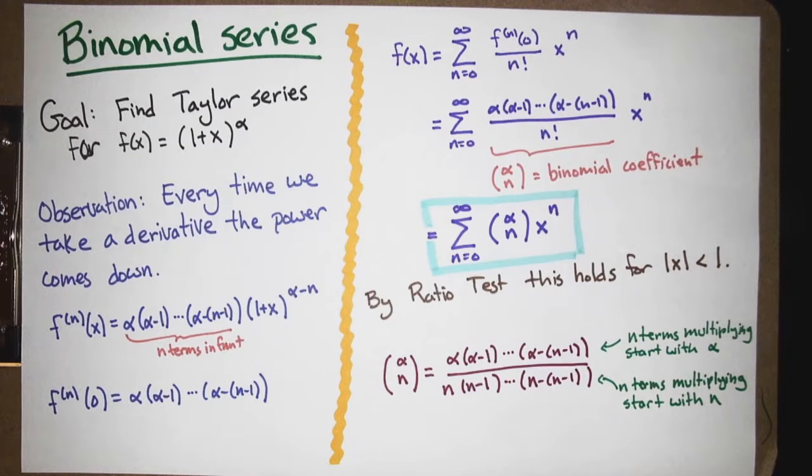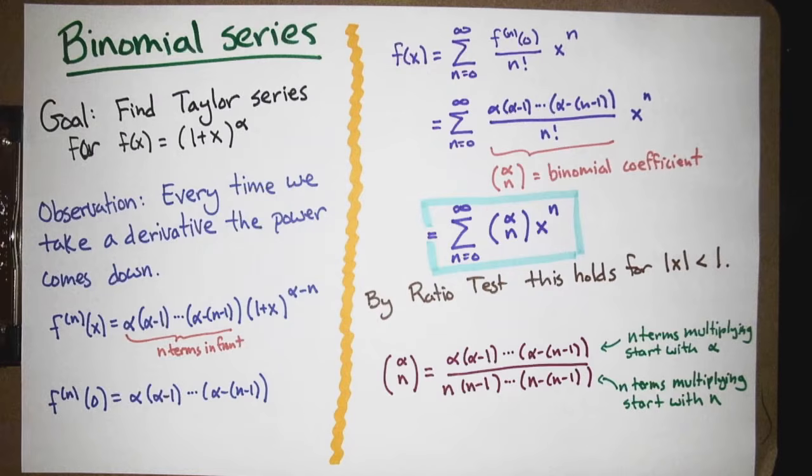So every time I take a derivative, the power comes down and I subtract 1 from the exponent. So if I start with 1 plus x to the alpha, the first derivative will be alpha, 1 plus x to the alpha minus 1. And then the next derivative, the alpha minus 1 comes down. So it's alpha times alpha minus 1, 1 plus x to the alpha minus 2. And I can keep going.